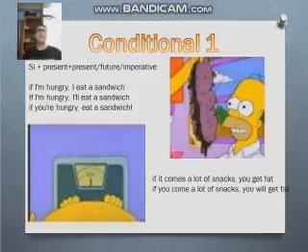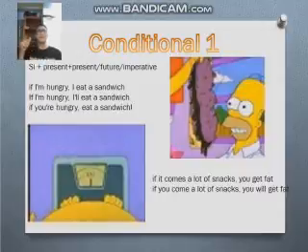Now we will make a comparison of the first and second conditional. First conditional: a situation we see as possible or likely to be fulfilled in the future.